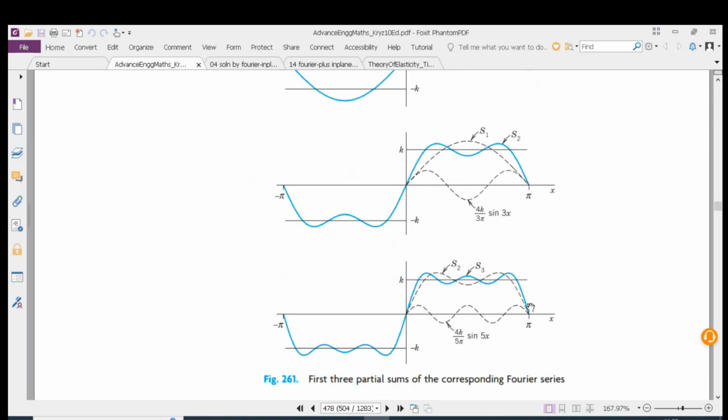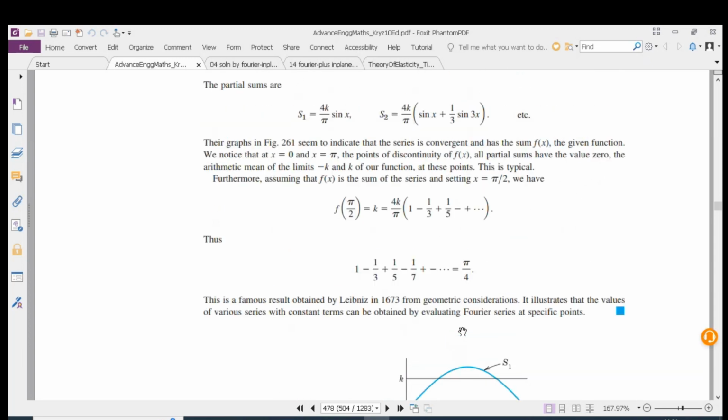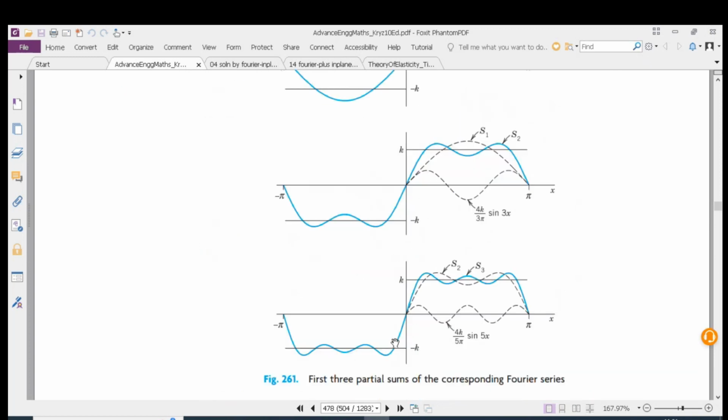The third partial sum seems to be coming even closer to the actual function. Thus, as we keep on increasing the terms of our Fourier series, we are actually converging to the actual function.